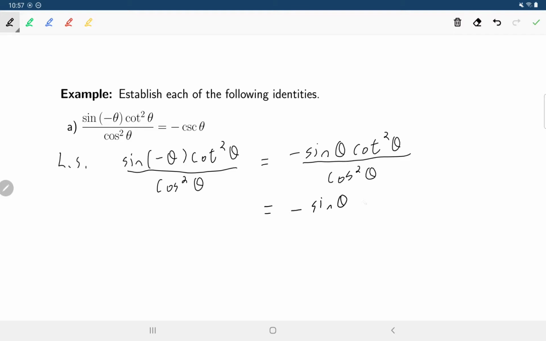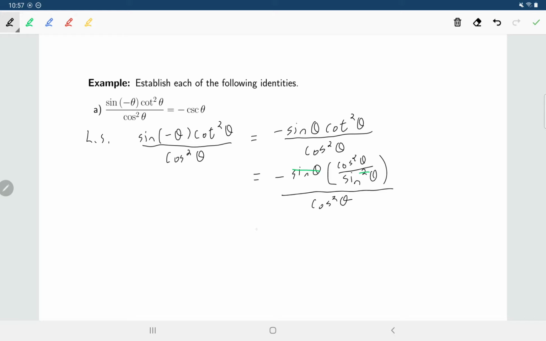We have that cotangent squared theta, which is cosine squared theta over sine squared theta. And then the whole thing, I've got cosine squared theta in the denominator. And I could clean that up a little bit. You can see that one of the sines will cancel. So I'm left with negative cosine squared over sine, and then the whole thing is over cosine squared theta.